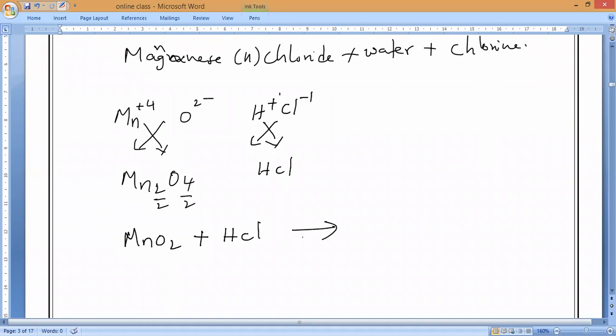It will react and give you what? Manganese 2 chloride. By then, what is the valency of manganese? Variable valency. Manganese is 2 plus, Cl is minus 1. If you crisscross, what will come? MnCl2. Understand?